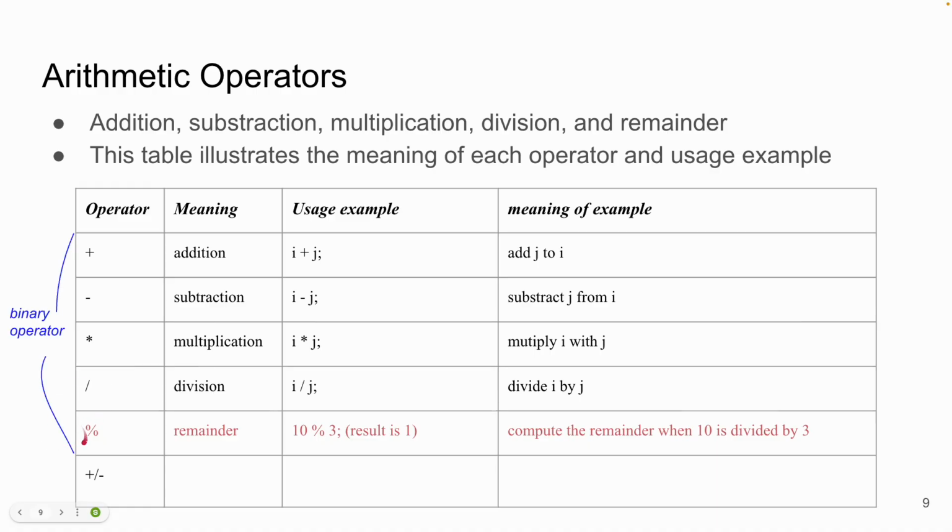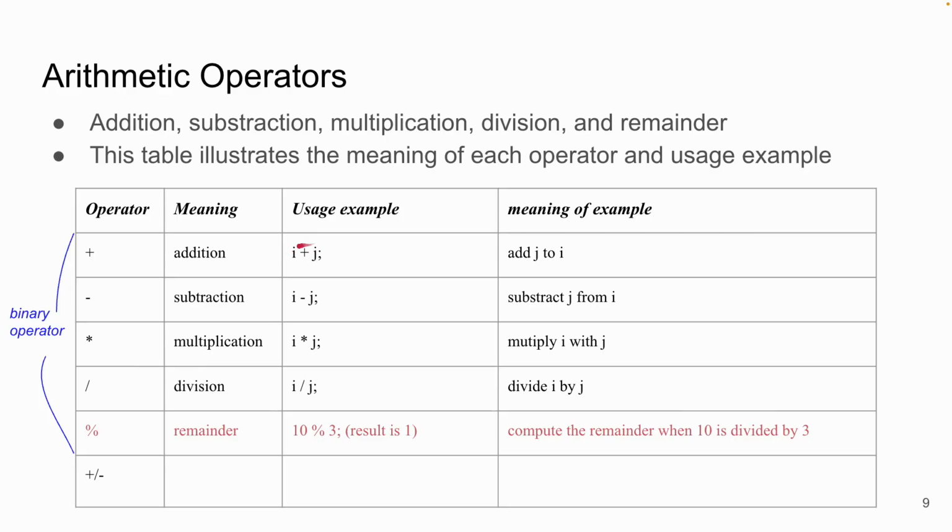Finally, before I introduce the final one, we can check that all these operators are what we call binary operators. The reason we call them binary operators is that all these operators need to have two operands. So what is an operand? Now you know the plus symbol and minus symbol here, we call them operators, right? The things we put with an operator that we want the operator to calculate are called operands.